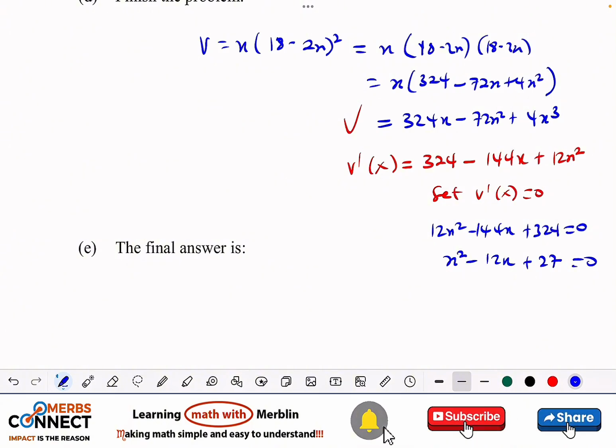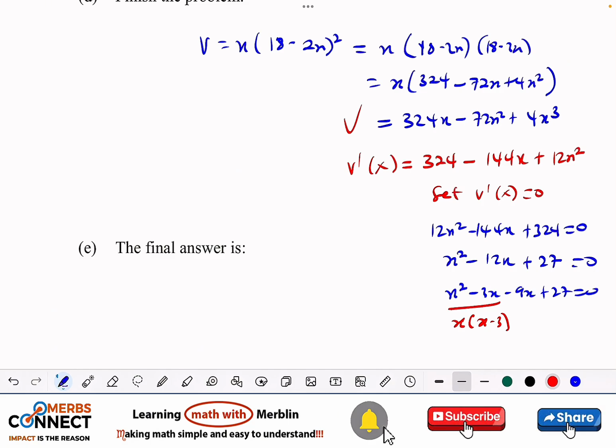So now let's try and do the factorization here. We can use 9 and 3, because 3 times 9 is 27, and then minus 3 minus 9 is going to give us that. So we can use x squared minus 3x minus 9x plus 27 equal to 0. With the red, I factor x out and I have x minus 3.